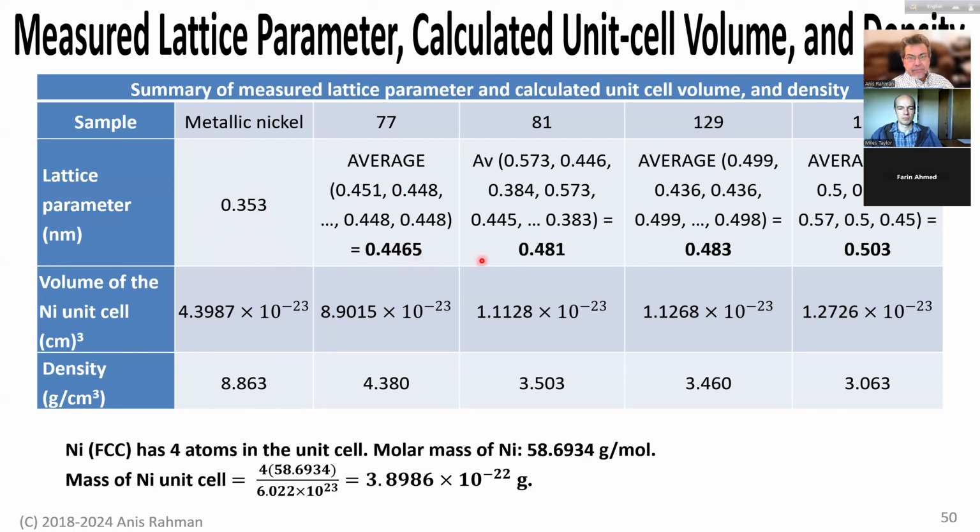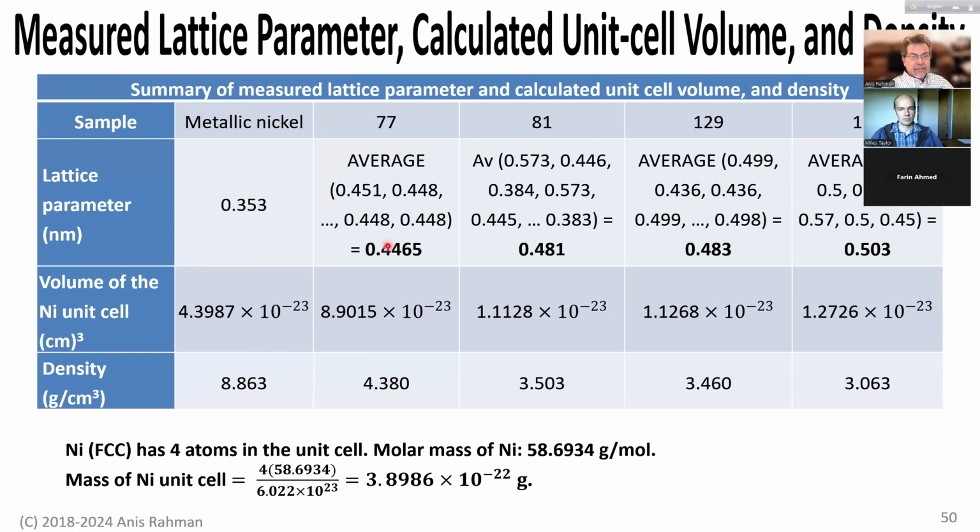And then when they put the electrical stress, the lowest one is 0.481, then a little bit more and a little bit more. Because of higher stress, lattice separation or dilation has happened. And because of that, you can calculate the density. Metallic nickel has a density of 8.863 gram per cubic centimeter.